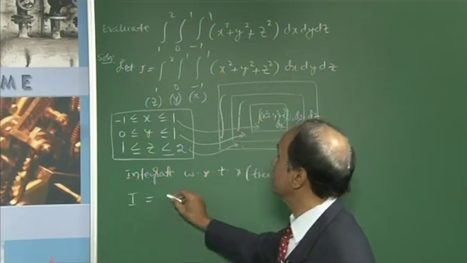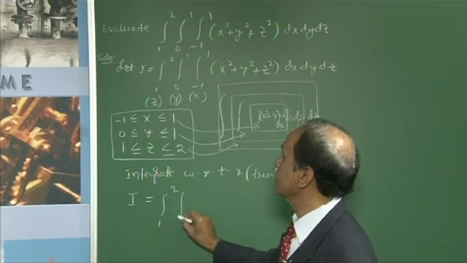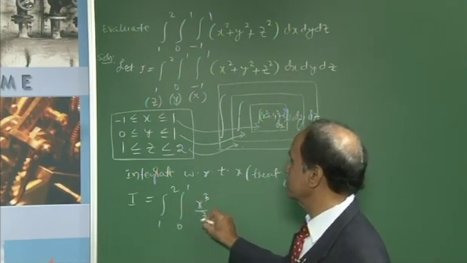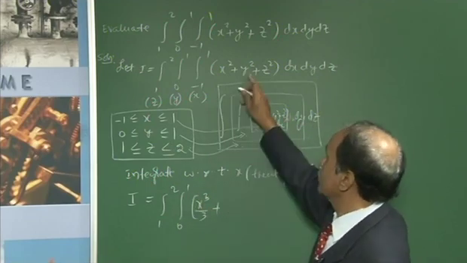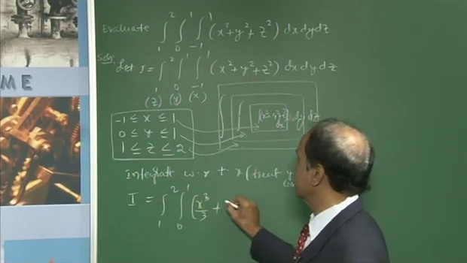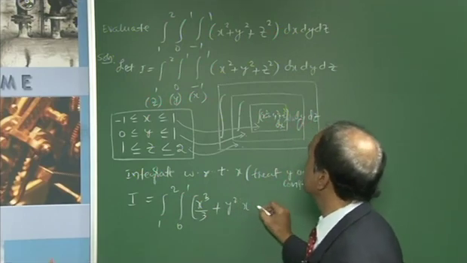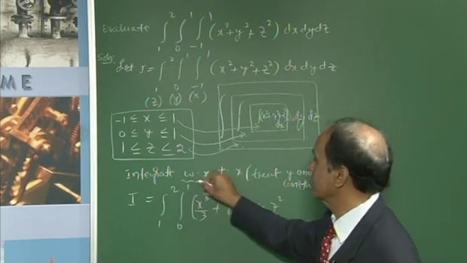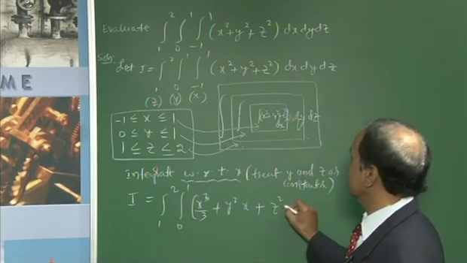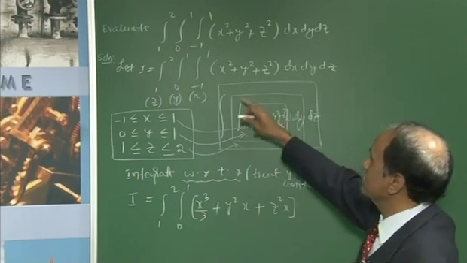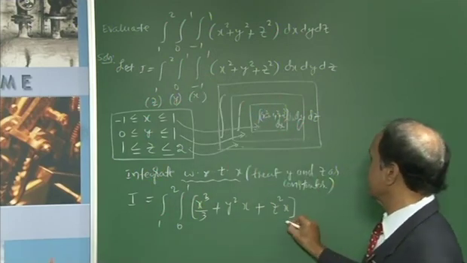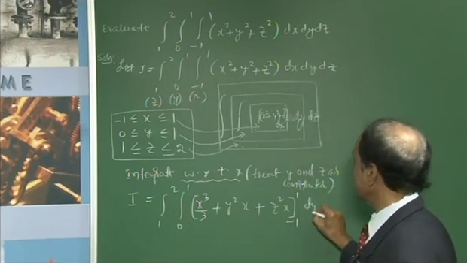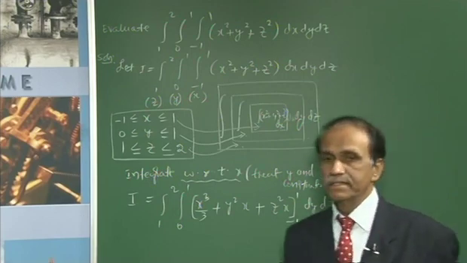Therefore I is equal to the integral from 1 to 2, 0 to 1, of x cube by 3 plus, here y square is constant, so you put y square outside, then x, plus z square is constant when you are working with respect to x, so z square into x, with the limits for the innermost integral, that is minus 1 to plus 1. The remaining differentials are dy and dz.